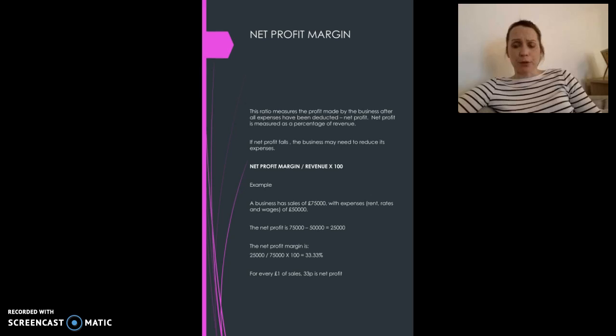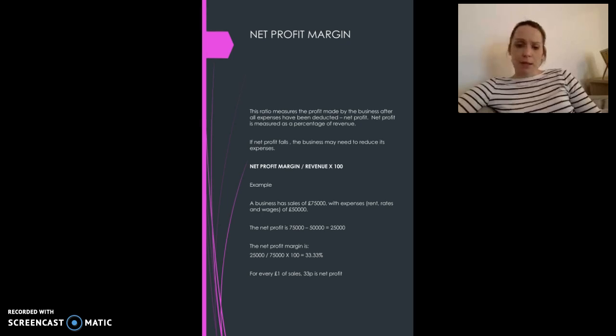Now, if your net profit falls year on year, the business may need to reduce its expenses. So if you're looking at your own business and comparing one year to another and your net profit margin has decreased, you're going to need to look at where your expenses have therefore increased. And that's what you're going to be looking at reducing primarily.